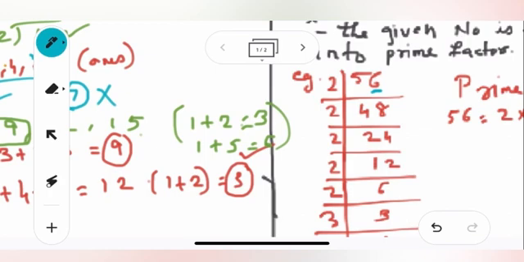So 2 is the lowest number we can start with. In 2's table, how many times does 2 go? 2 fours are 8, and 1 is carried, so this becomes 16. So 2 eights are 16. So here it becomes 28.